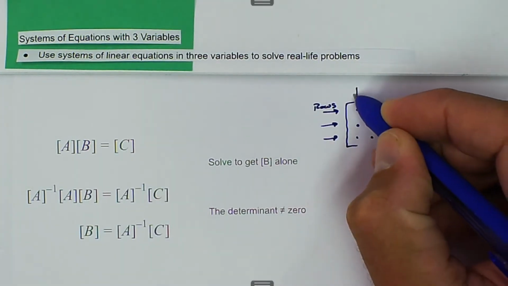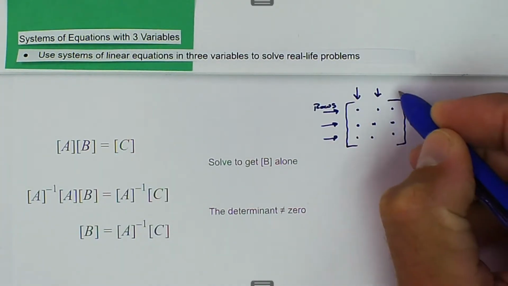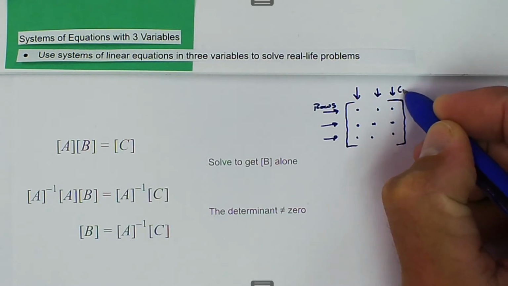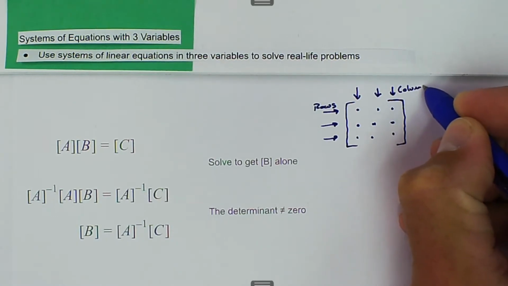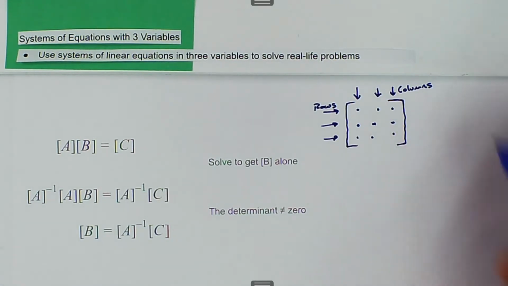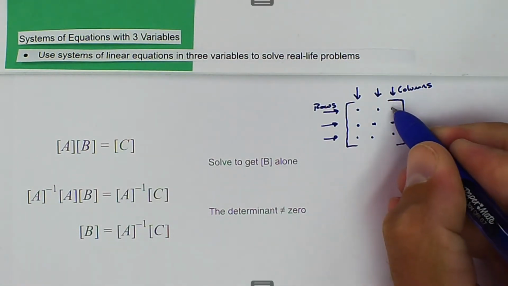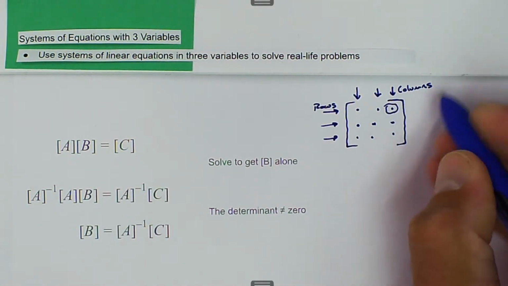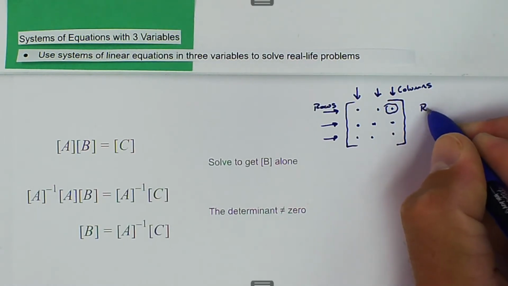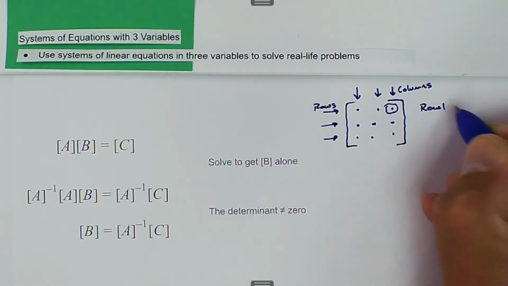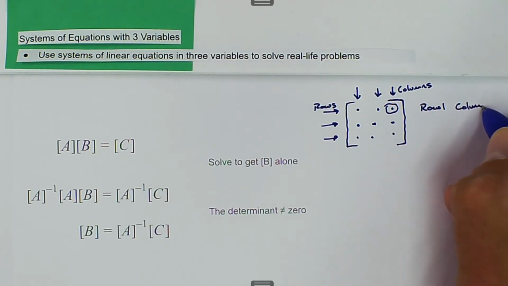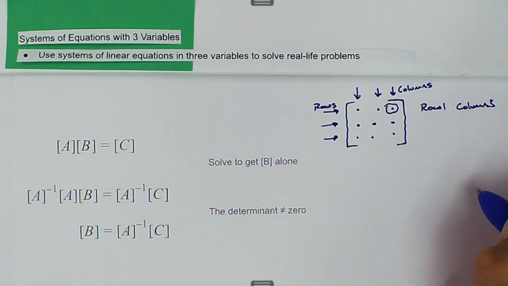And then you have columns that go up and down. Okay, so this spot right here is row 1, column 3.